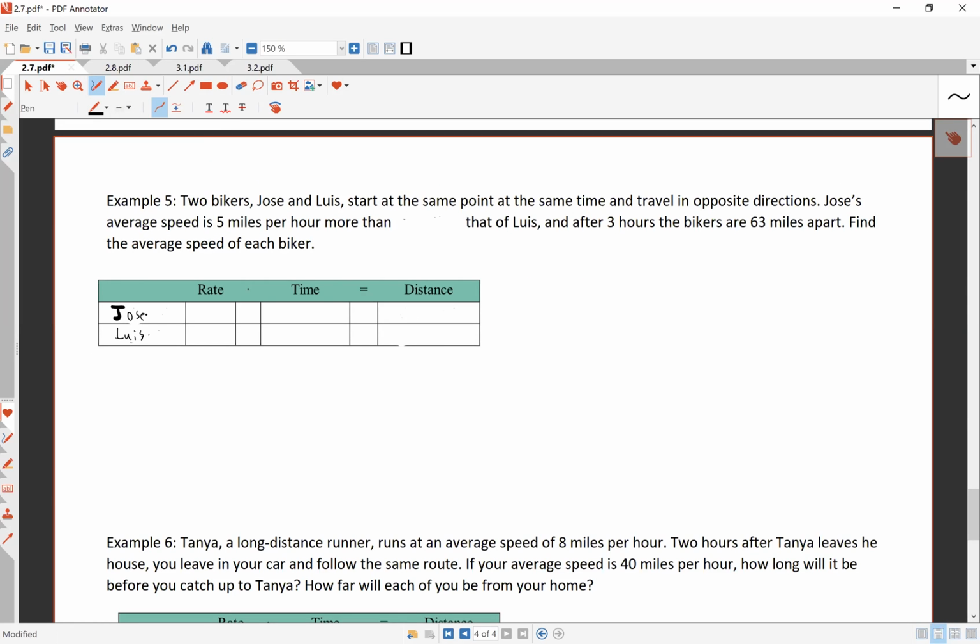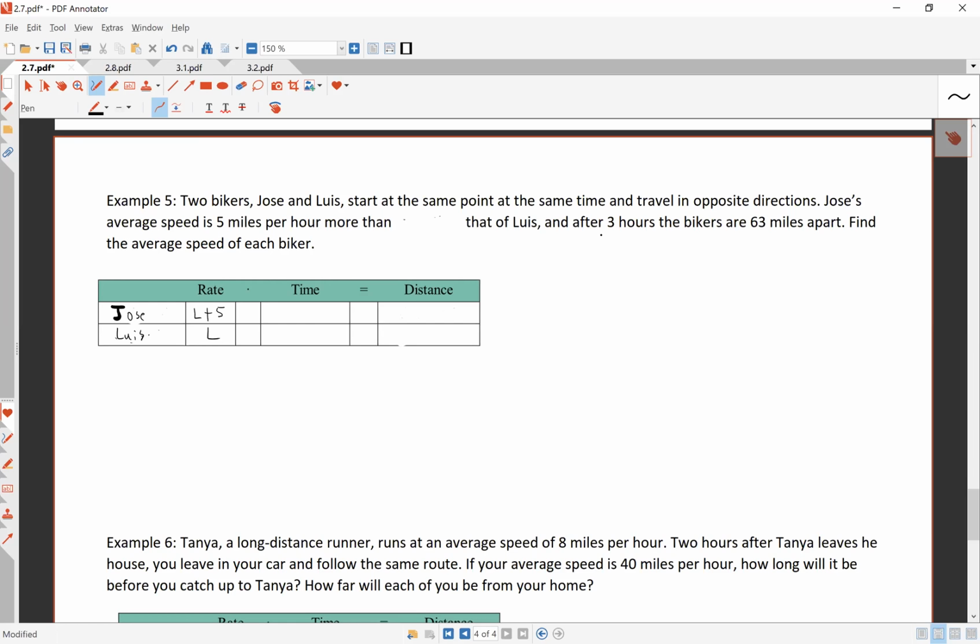And object 2 is Luis. So they start at the same point at the same time and travel in opposite directions. Jose's average speed is 5 more than whatever Luis's speed is. So I'll call Luis's speed L, and then Jose's is L plus 5.